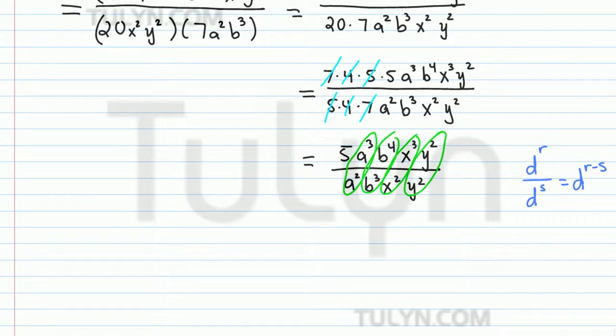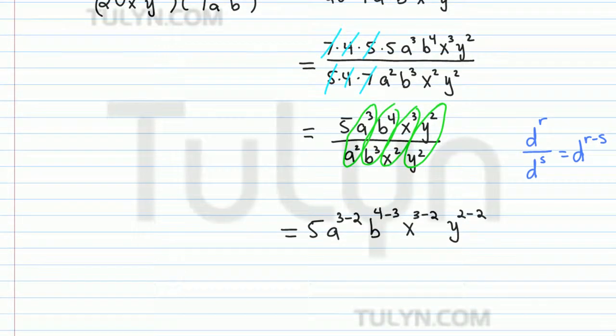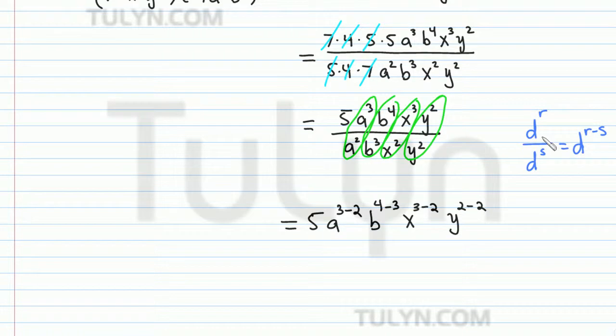So keeping that in mind, when we're rewriting, this becomes 5 times a to the 3 minus 2, we're just subtracting the exponents, times b to the 4 minus 3, times x to the 3 minus 2, times y to the 2 minus 2. Right? I just used the quotient rule for exponents on all four of the variables.